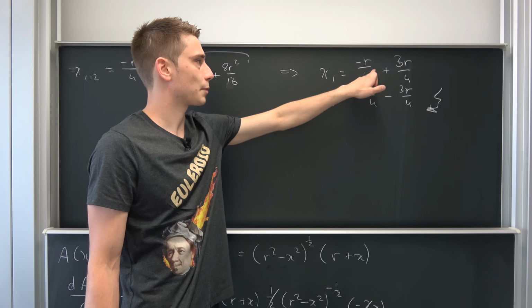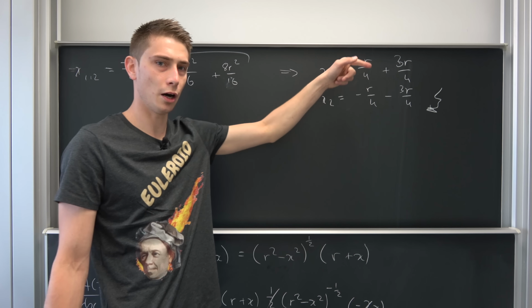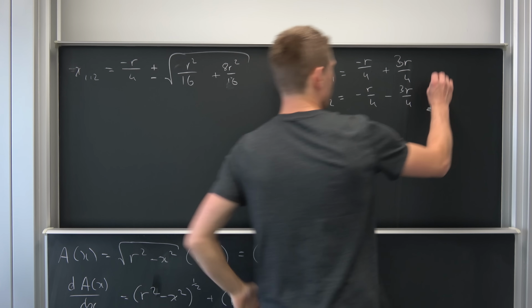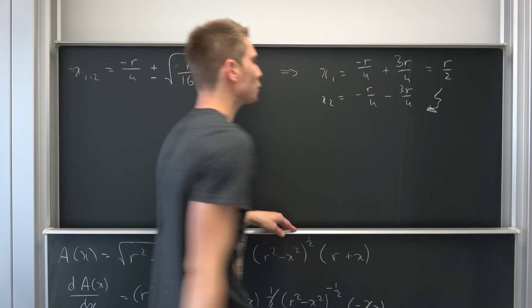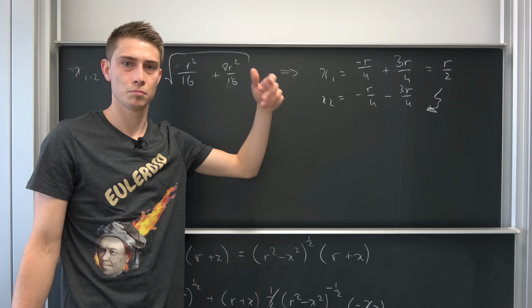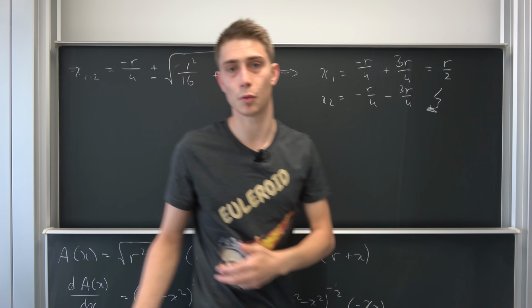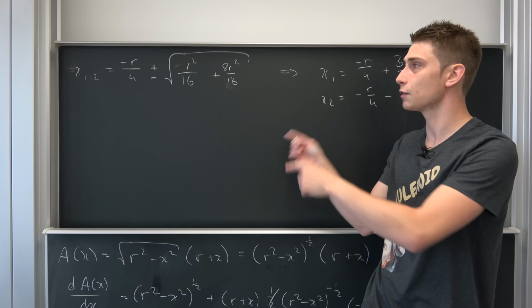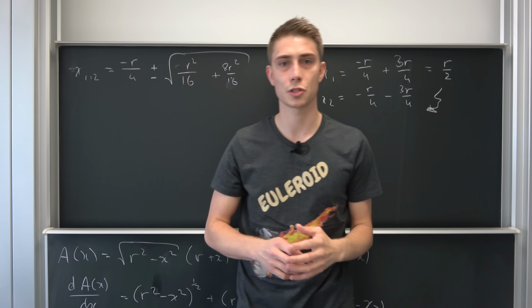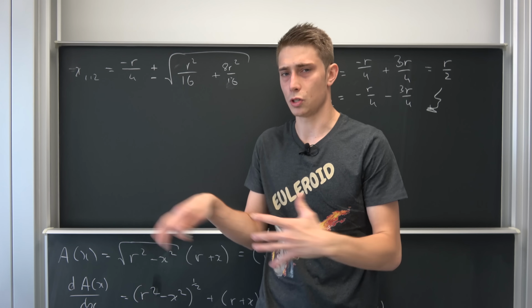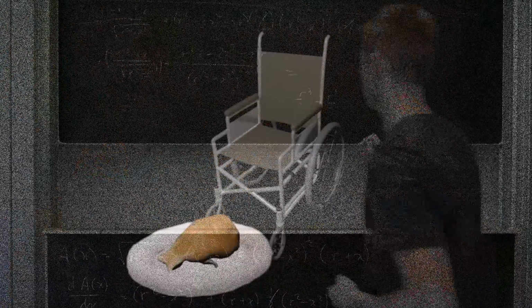And well, subtracting this right here, we end up with 2r over 4. That makes it r over 2. So we know that our x1 is nothing but half the radius. And like I said, we want to differentiate this a second time and see if this value right here corresponds to a maximum. And I'm going to do this in a little outtake.